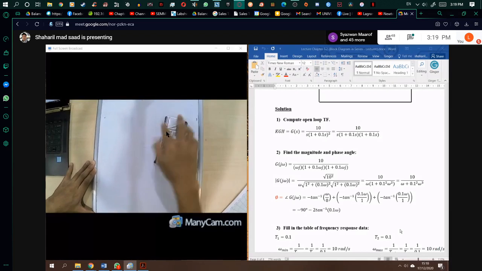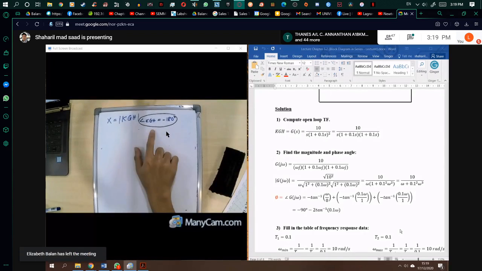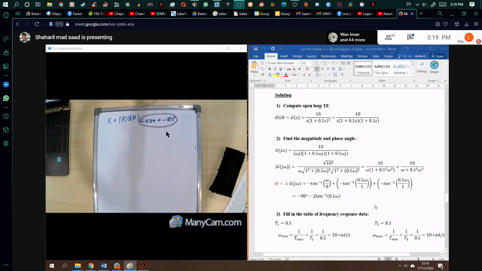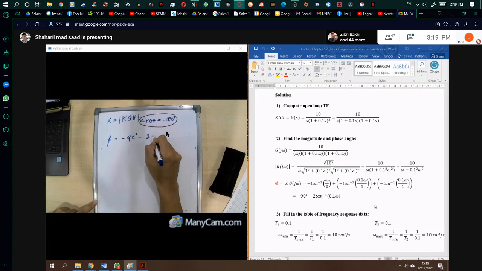So now we're going to this part. In order to find the x, we need to find this one first. Then what do we have? We have here the phase equal to minus 90 degrees minus 2 inverse tangent 0.1 omega.